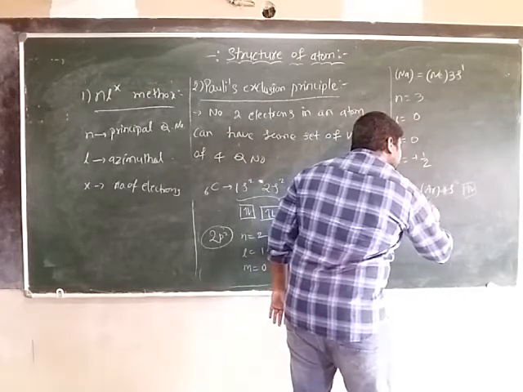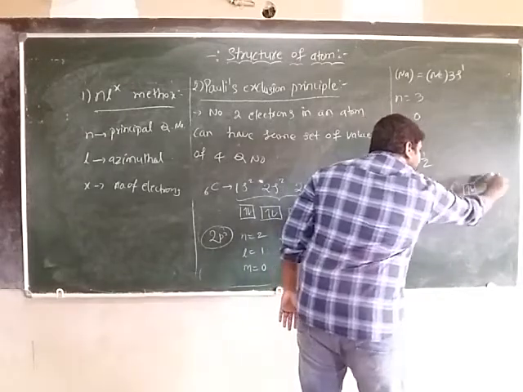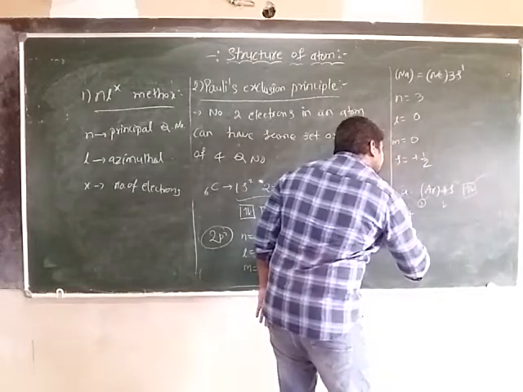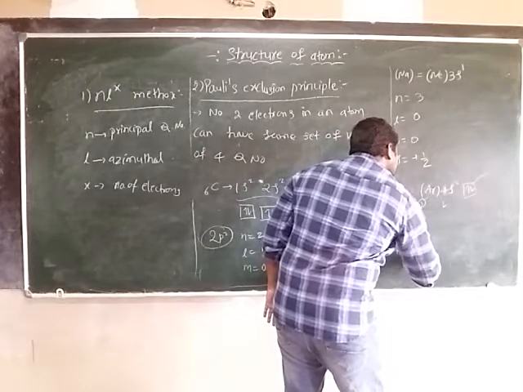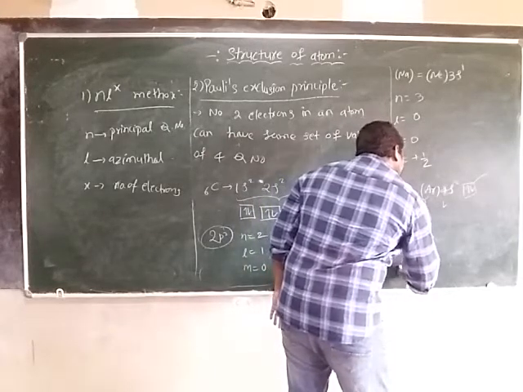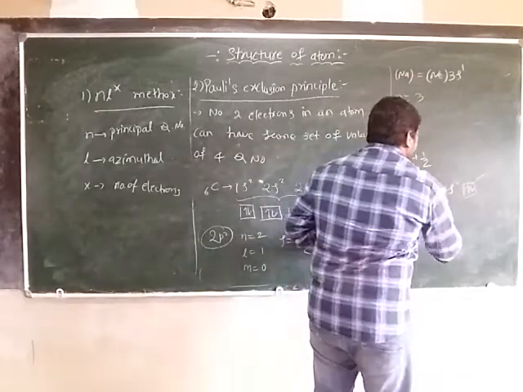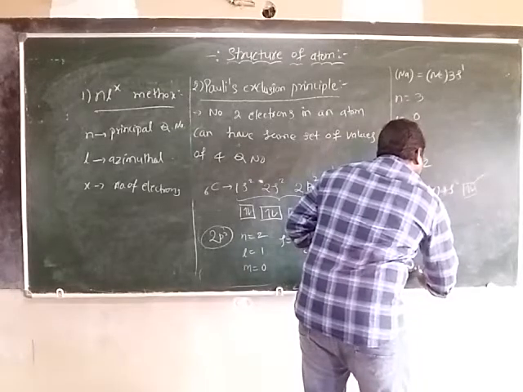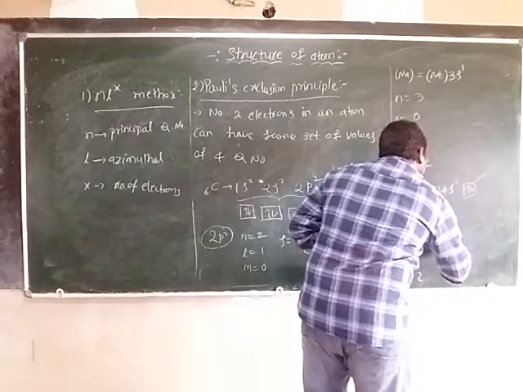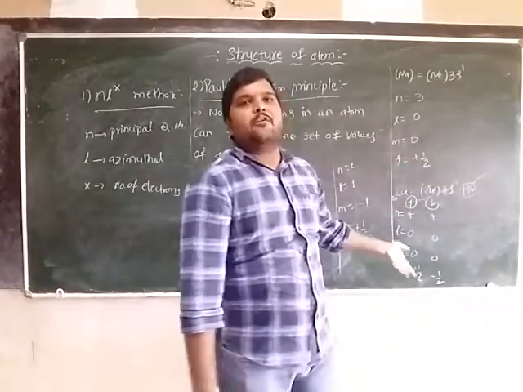This is the first electron, and another electron you may take. L value 0, m value is also 0. Next, s value for this electron is plus half. For the other, n is also 4, l is also 0, m is also 0, but the spin is opposite.